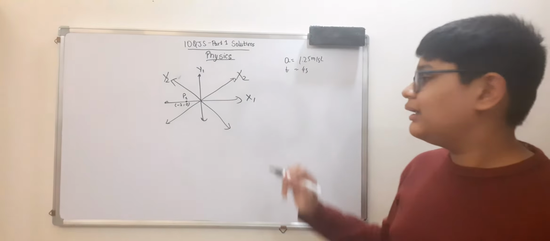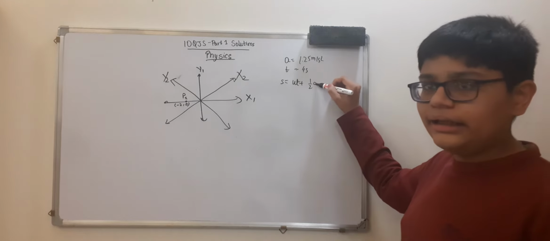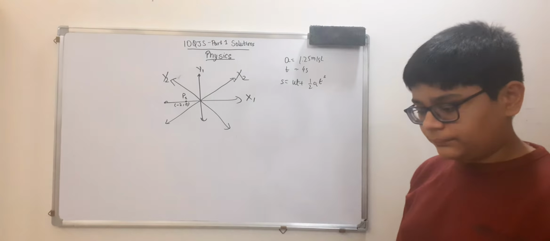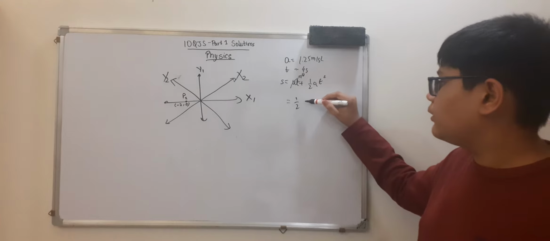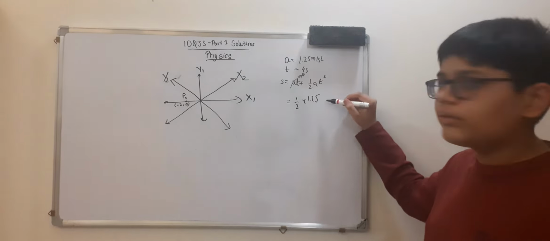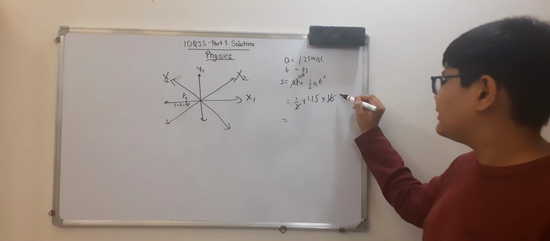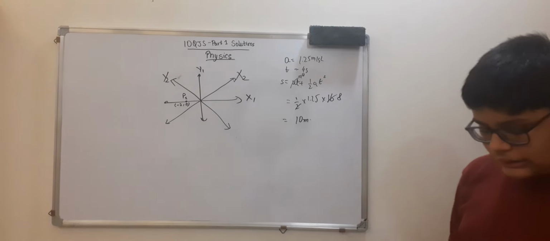So we know that S is equal to ut plus half at square. Since u is 0, we have half into 1.25 into 4 squared, which is 16. If you cancel this out, you will get 10 meters. So it has traveled 10 meters.